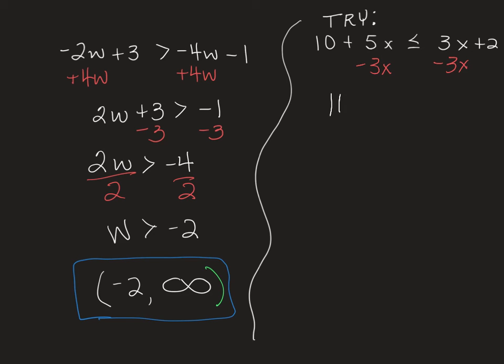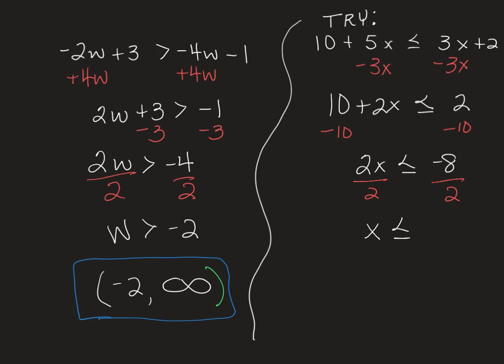So this is going to leave me with 10 plus 2x is less than or equal to 2. I'm going to subtract 10 off of both sides. 2x is less than or equal to negative 8. Divide by 2. X is less than or equal to negative 4.